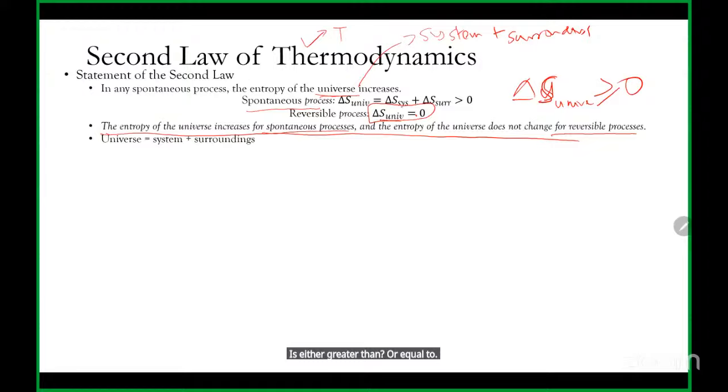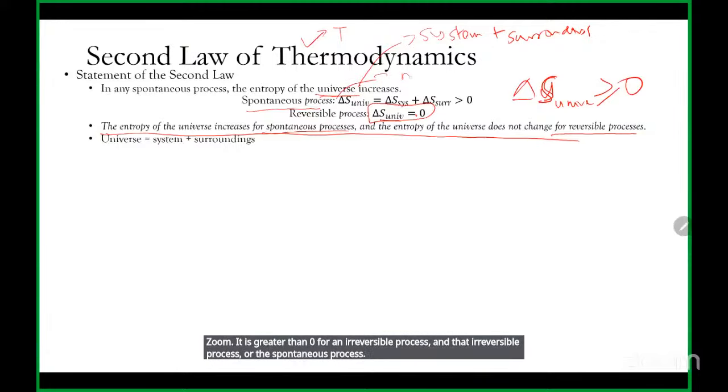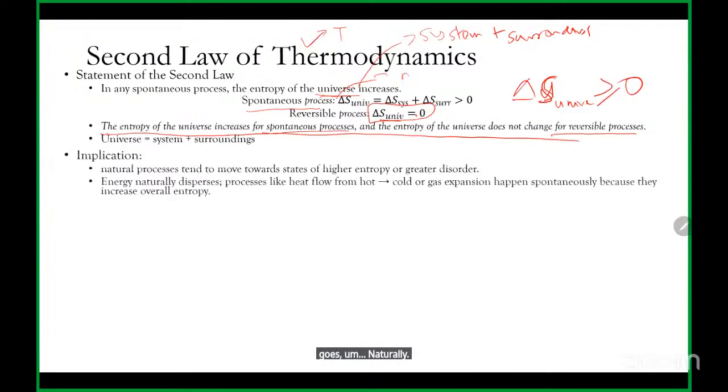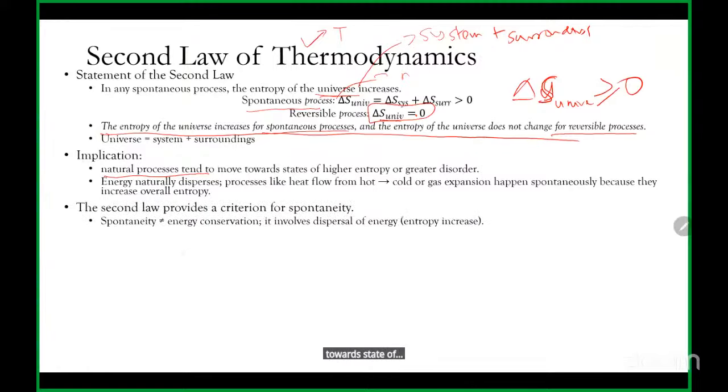It is greater than 0 for an irreversible process, and that irreversible or spontaneous process is the natural direction of flow. So anything that goes naturally, a natural process, tends to move towards states of disorder.